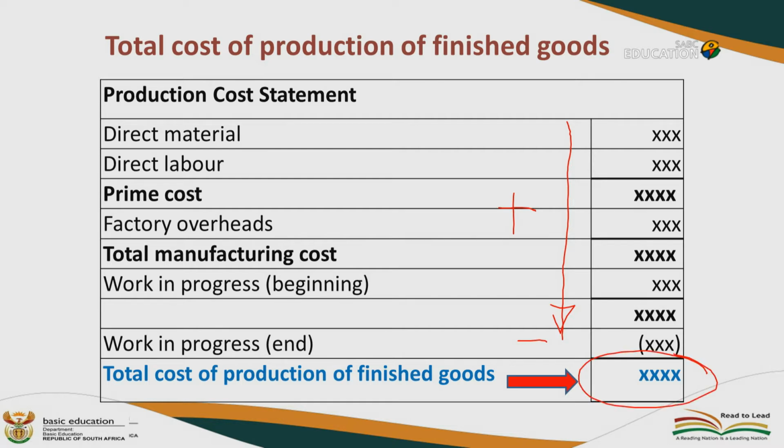So be careful, my dear learners, that when you go down, you add, you only subtract the work in process at the end. But also be careful of bottom-up calculations. When you start from the bottom going up, you swap around the signs. The minus will be the plus, and the plus will be the minus.